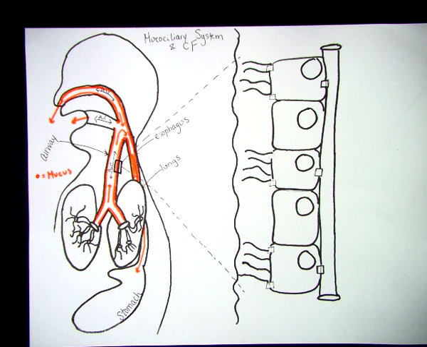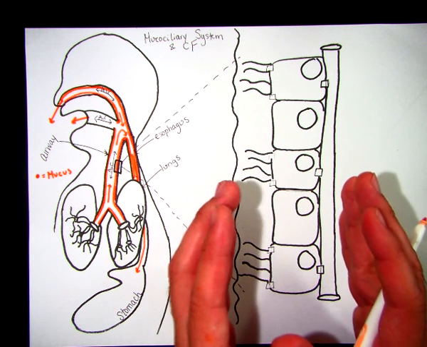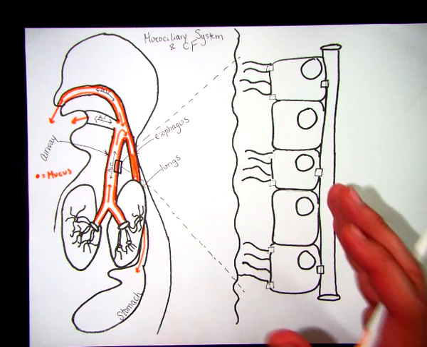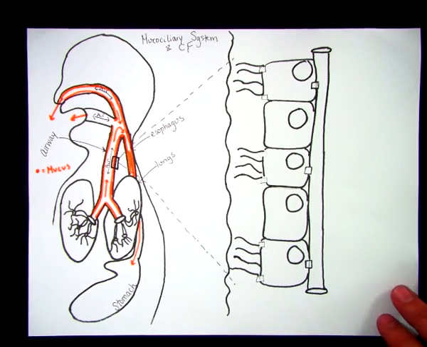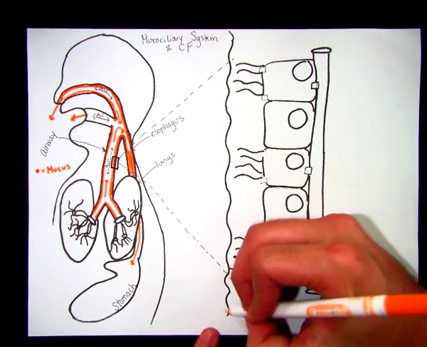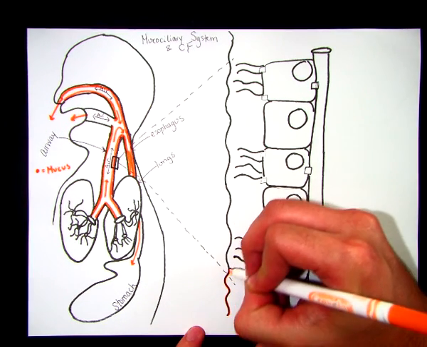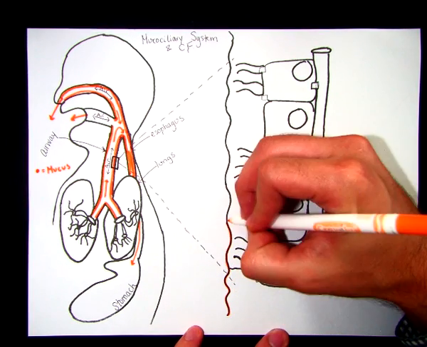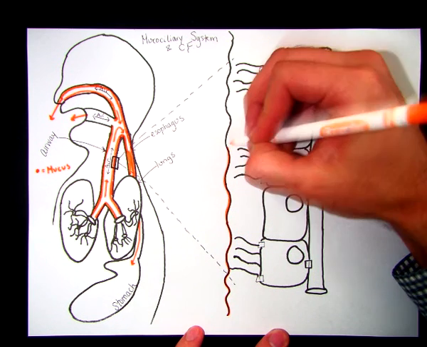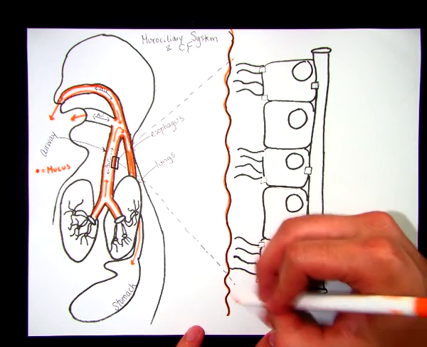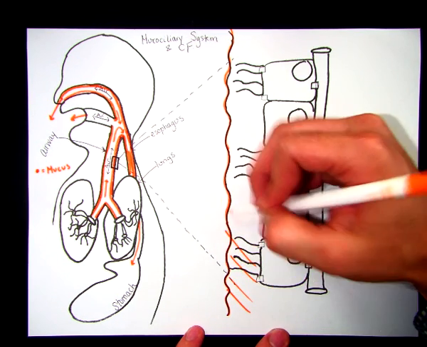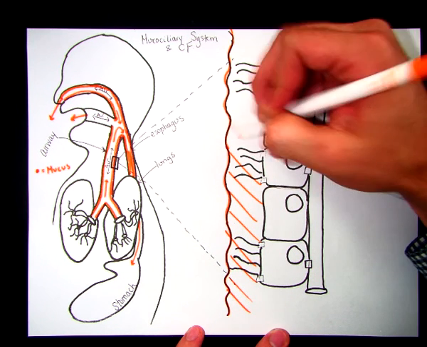Okay. So this is a very, very zoomed in image of that portion of the airway. So just to get acclimated, so you know what part is which. This wavy line right here, use the same color you use for the mucus. This is the top of the mucus layer. Everything underneath it is mucus.